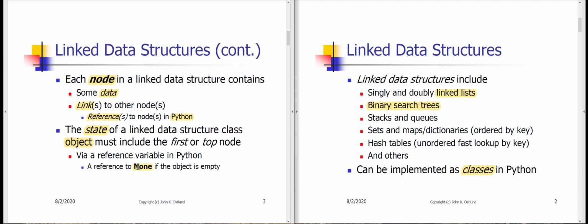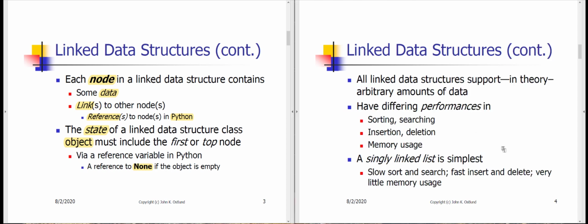So it would be possible for us, for example, to have a binary search tree object. The object is an object with state and behaviors, methods, but inside that object, the topmost node is going to be set to None, indicating that there are no nodes currently in that binary search tree. Okay.